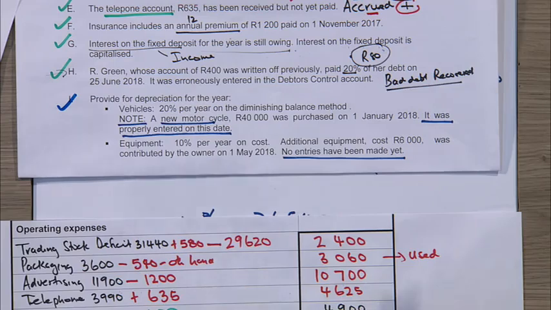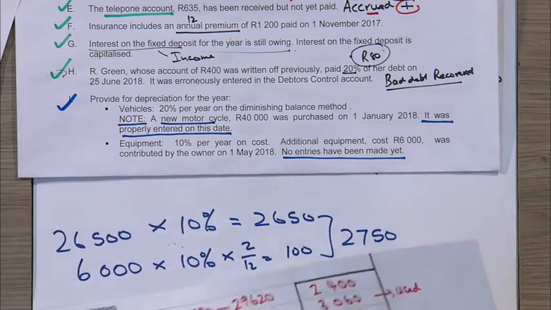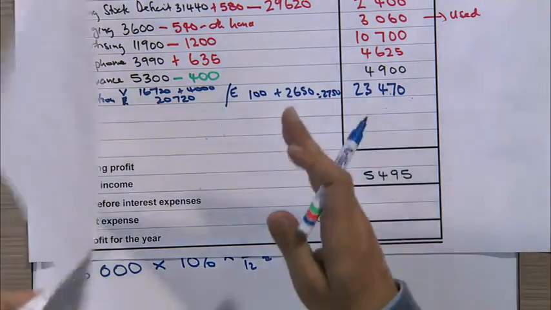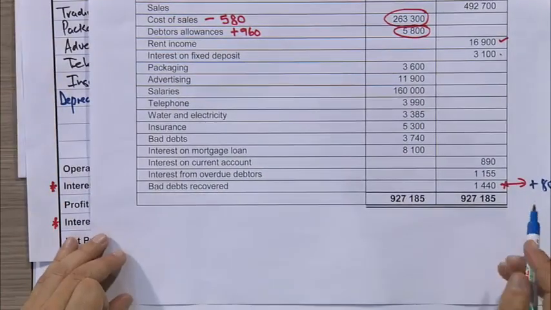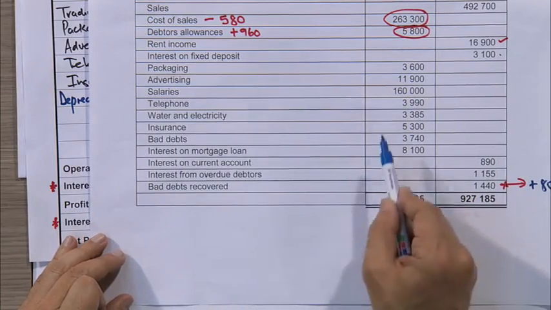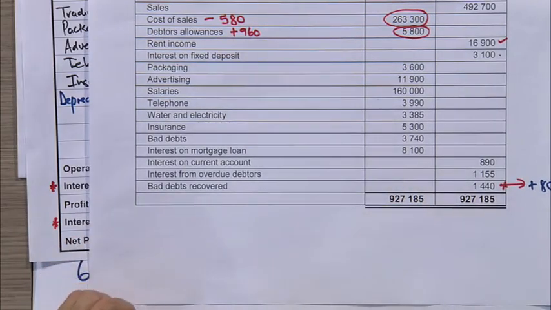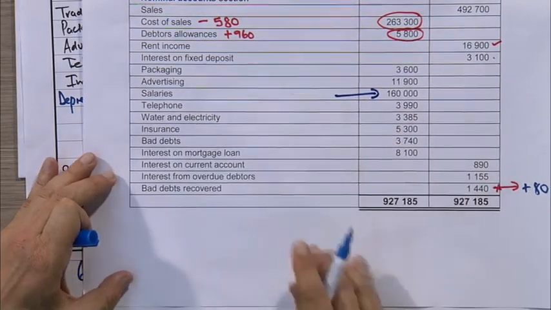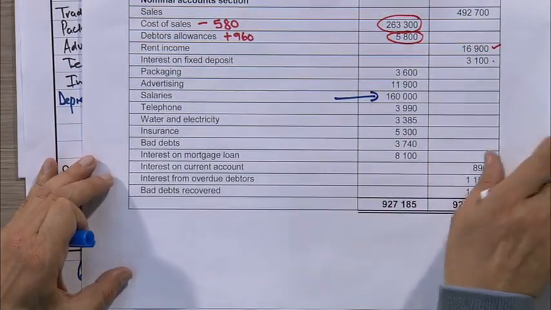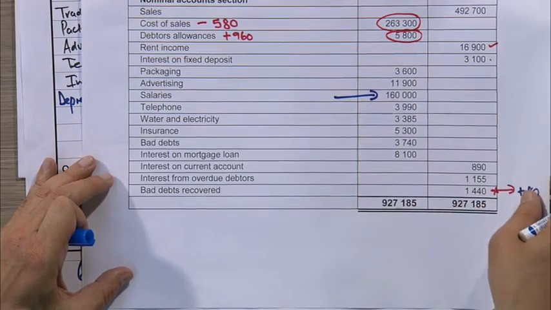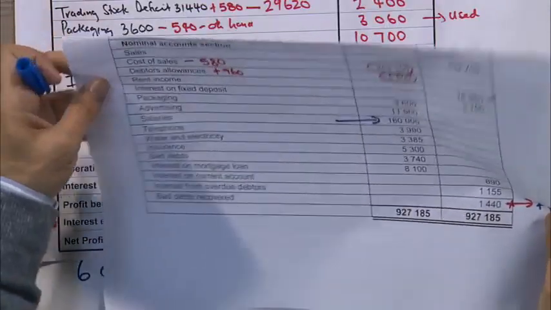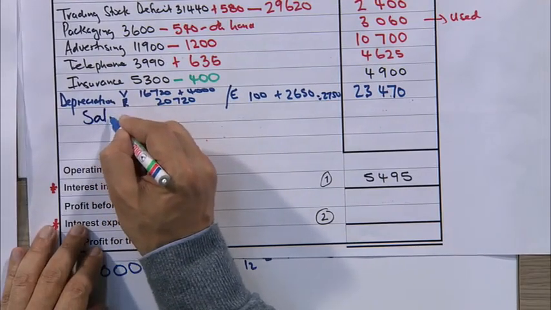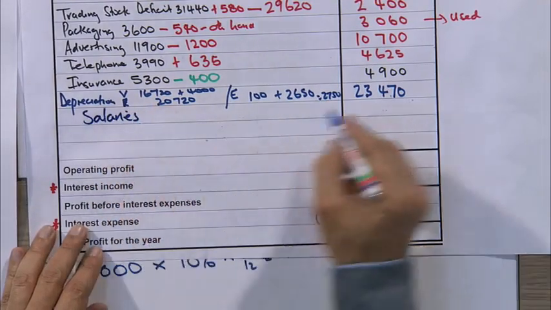But what's still very important that we didn't do today is those items that appear in the nominal account section. So we have to look for items in the nominal account section that we haven't used. For example, salaries. That item goes into your income statement and it does not change, which means we have to write in salaries 160,000.